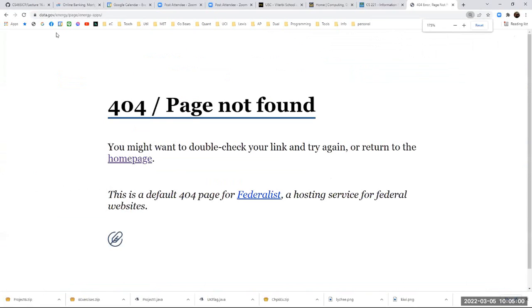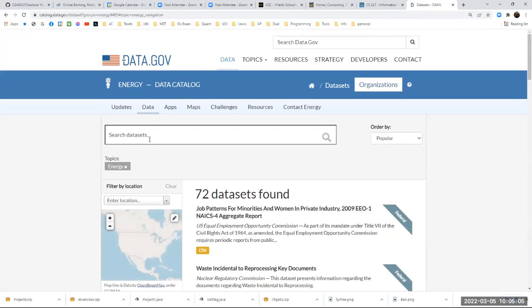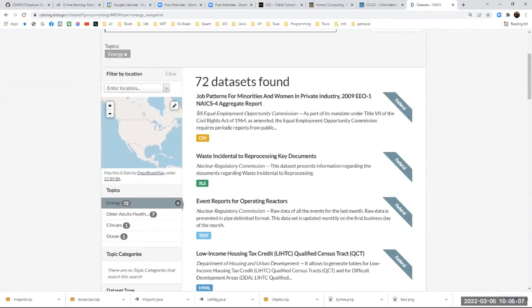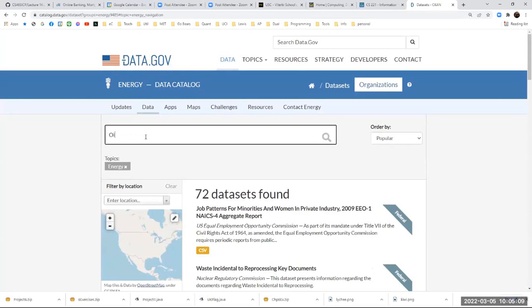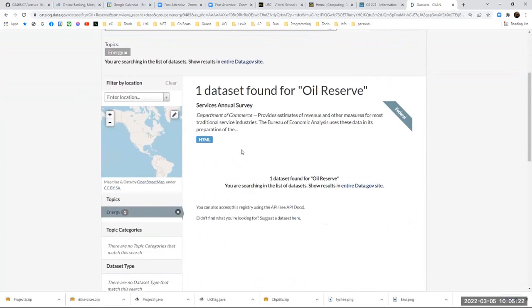So we will try to find data. We are interested in oil reserves, and you will find some data here.